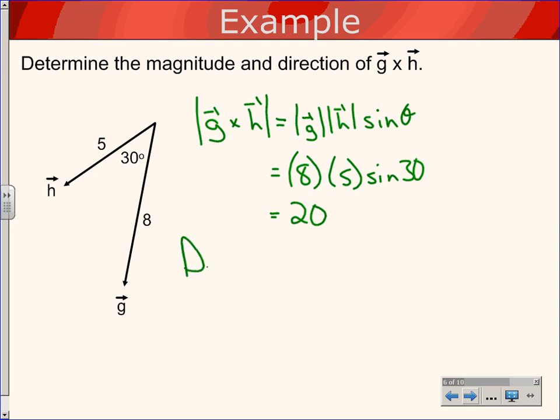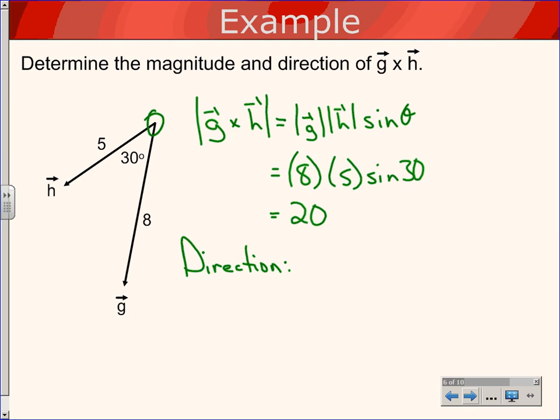The direction has to follow the right-hand rule. So this, sorry, forgive me, I can't show you, right? I can't put my hand up there. But what you're doing is you're using your right hand, point your fingers along G. So the fingers start at the corner, your hand goes here.